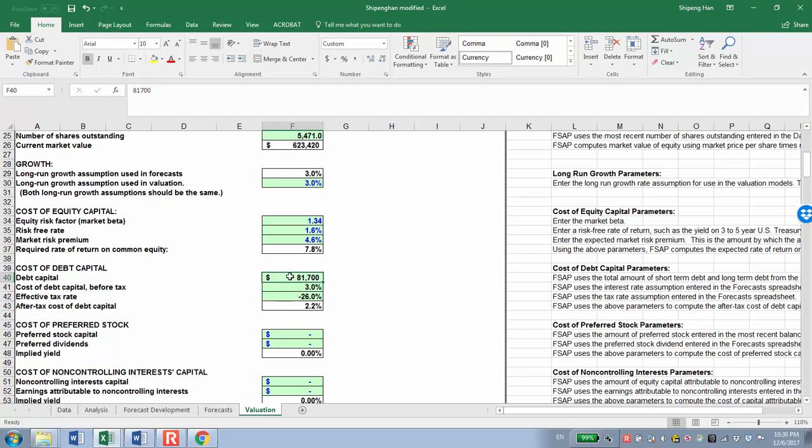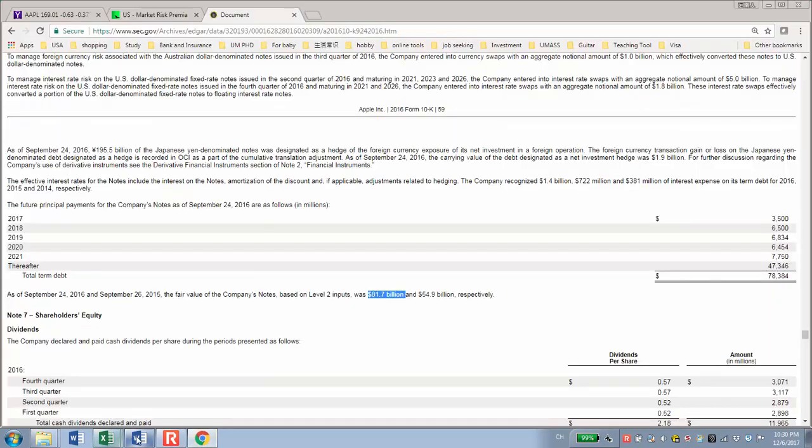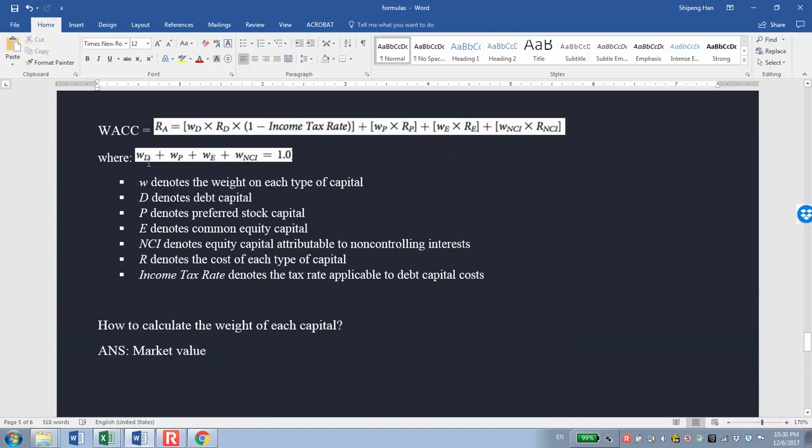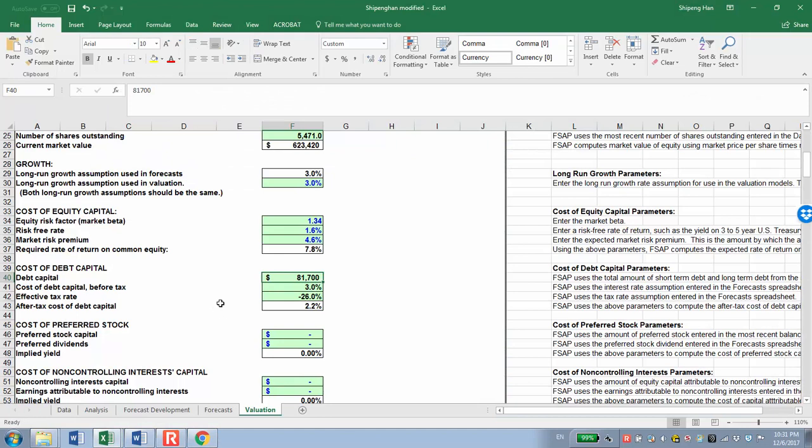Now we are going to use this one to calculate the weight WD, the return on debt, and also the effective tax rate. The tax rate here is 26%.